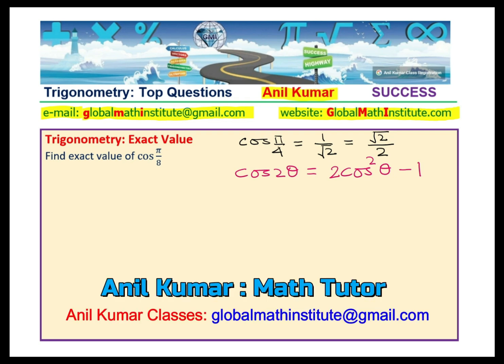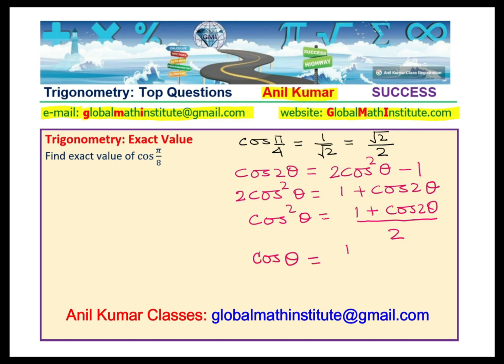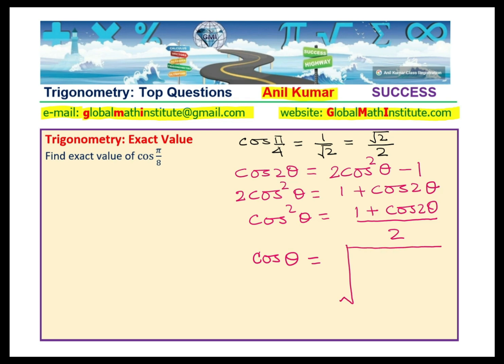Now, here we can rearrange. We can rewrite this as 2 cos square theta equals 1 plus cos 2 theta, and then find the value of cos square theta as half of 1 plus cos 2 theta. And definitely cos theta will in that case equal the square root of 1 plus cos 2 theta over 2.